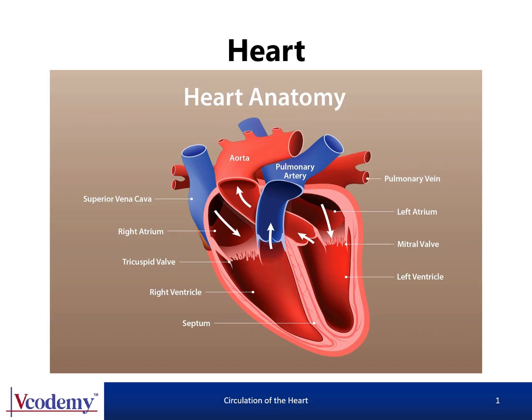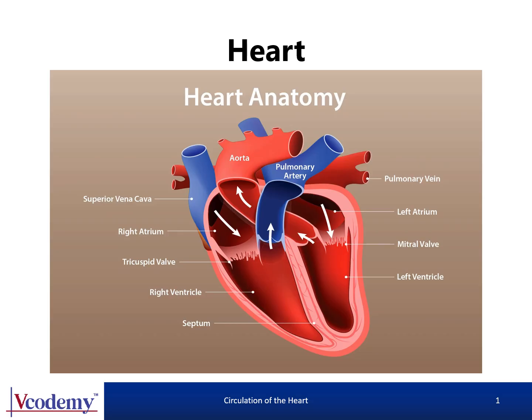Coming to the heart chambers, as you can see in the picture, the right atrium receives low oxygen blood from the body via large veins, the superior and inferior vena cava, and then pumps it down. This blood is received by the right ventricle.